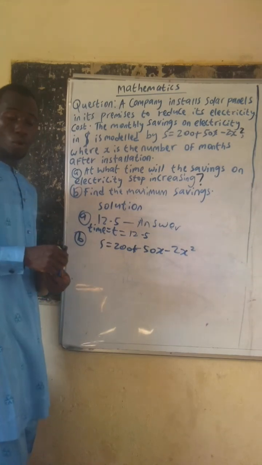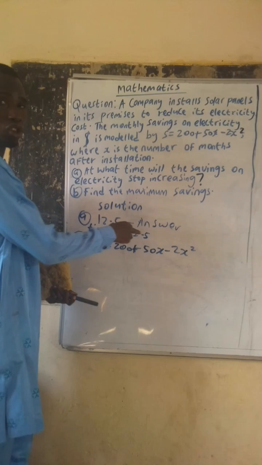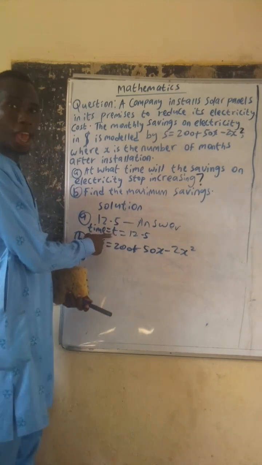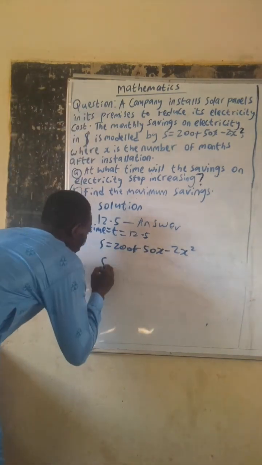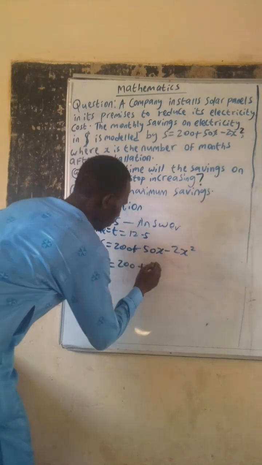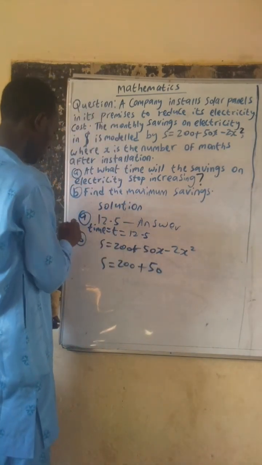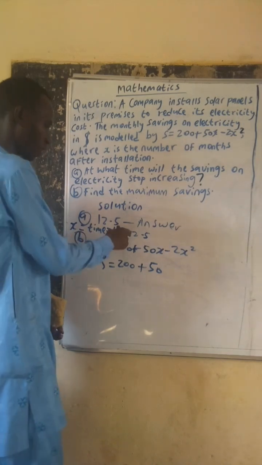So now, to find the maximum savings, we substitute the value of x, which is t, time, 12.5, into this equation. So we have S equals 200 plus 50, and x is the time, 12.5.